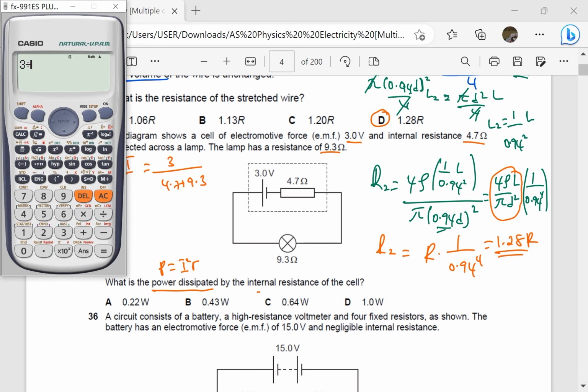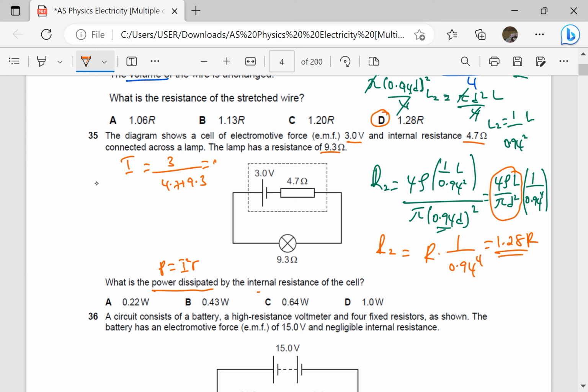That gives us 0.21 amperes. I hope I added it well: 4.7 plus 9.3 is approximately 14.